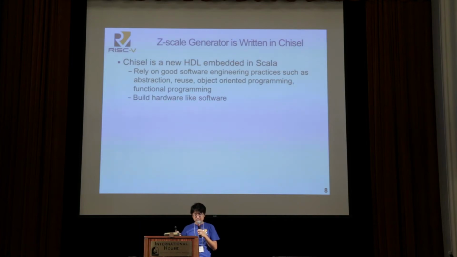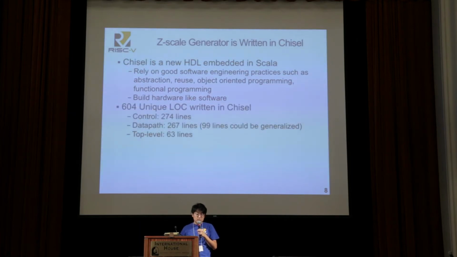So I wrote 604 unique lines of code in Chisel. The control unit is 274 lines. The data path is 267 lines. Out of that, 99 lines could actually have been generalized in the Rocket source code base to deal with 32-bit and 64-bit things. I plan to do so, so you can discount that number in the future.